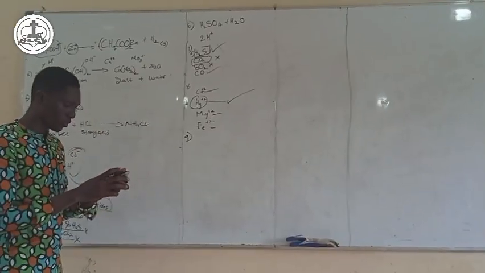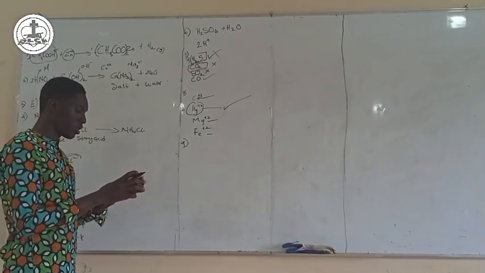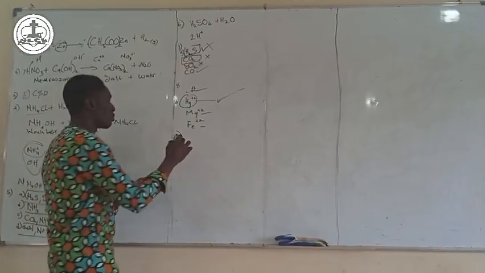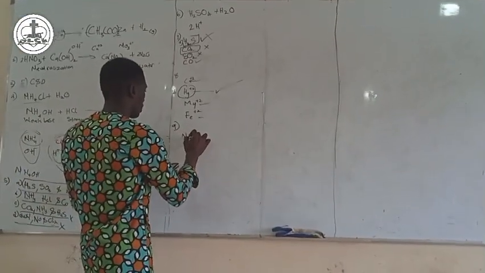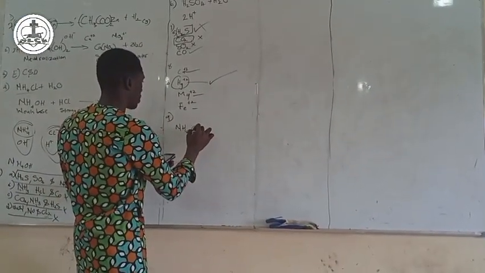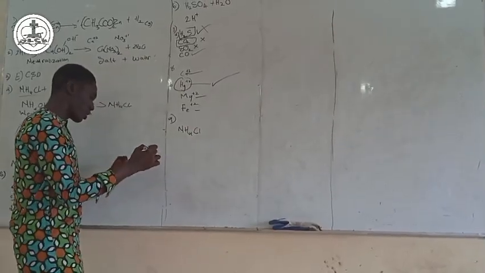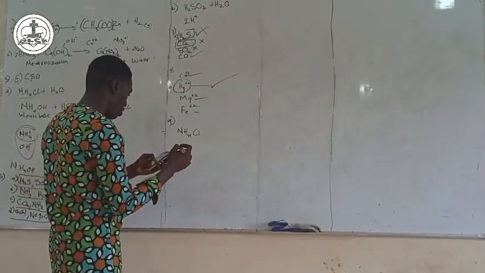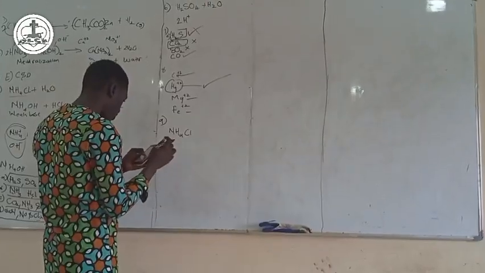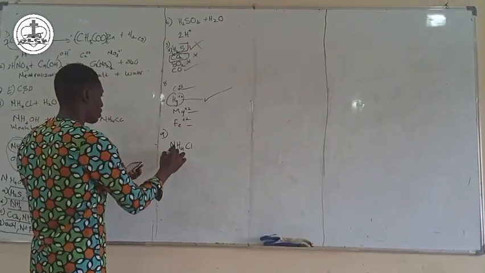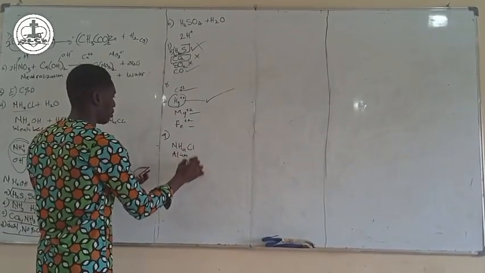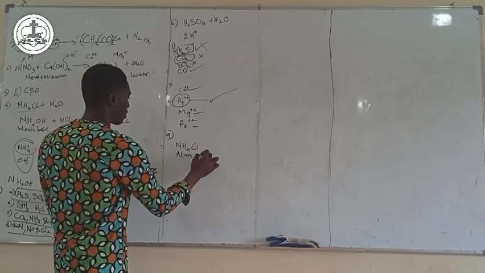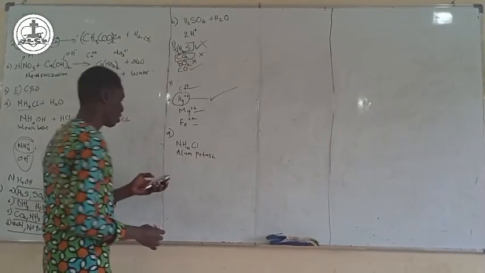So which of the following is an example of a double salt? We have A, NH4Cl, ammonium chloride, B, alum, which is the short form for alum potash.